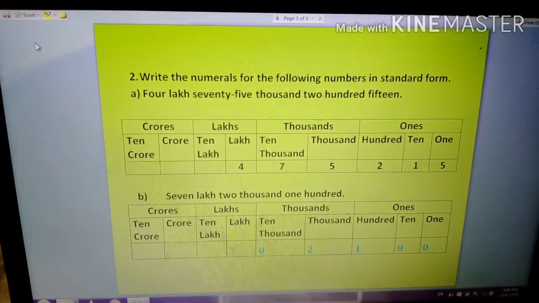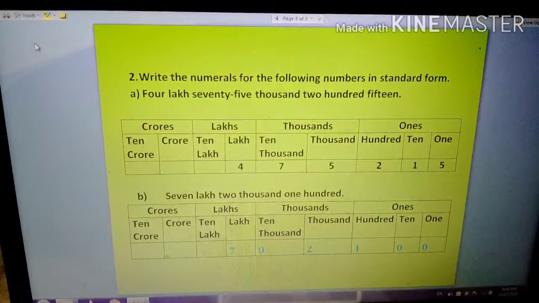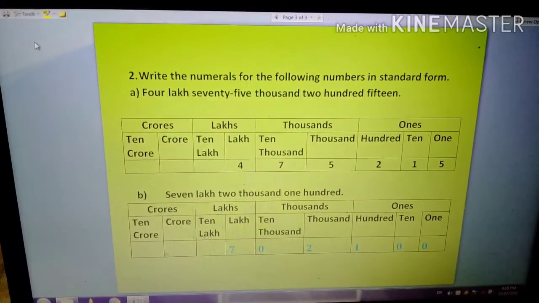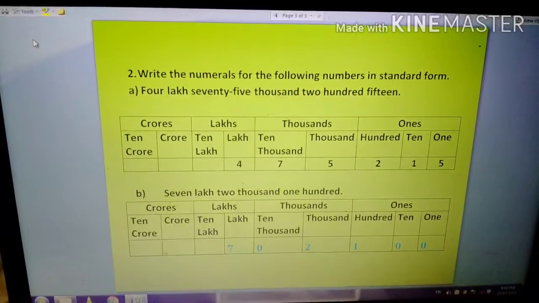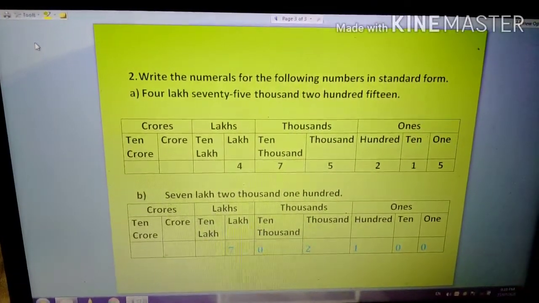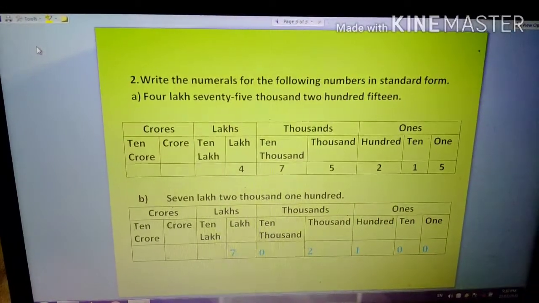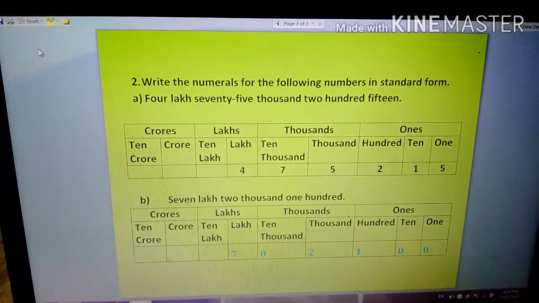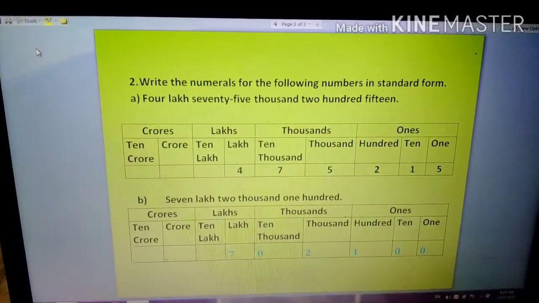4 lakh, we put 4 in lakh period, in lakh place. Then 75,000, we put 75 in thousand period, that means 7 in 10,000 place and 5 in 1000 place.